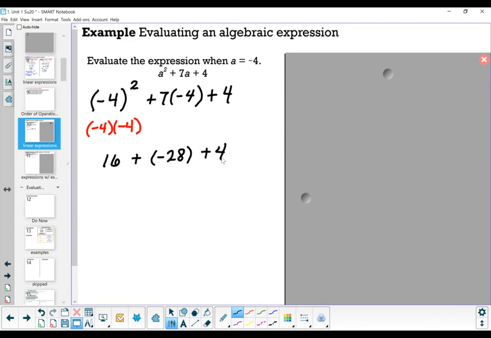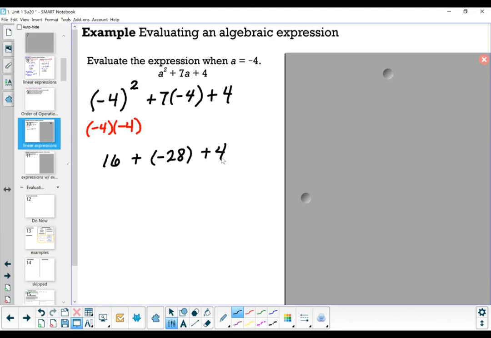All right, now at this point, I can add and subtract from left to right, or I can do what's more convenient. I prefer to combine my positive numbers and my negative numbers and then take care of the opposite sign.